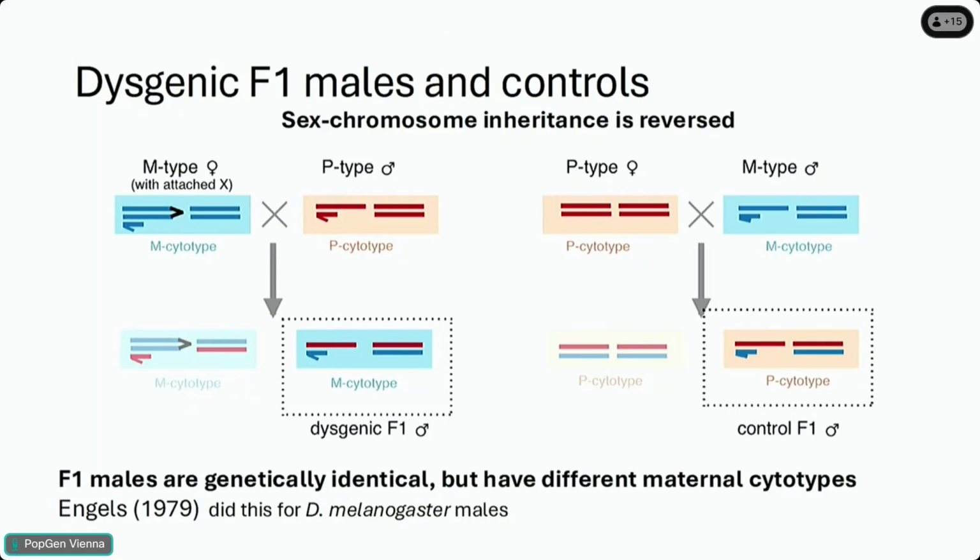So these guys have mothers that have never seen the P element and that lack suppression, and they'll have active P elements. And these guys have P-type mothers who have seen the P element, have the suppressive small RNAs, and should be normal. Okay, so those are the males we're going to compare.